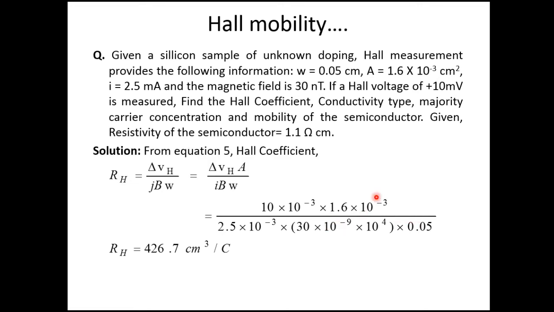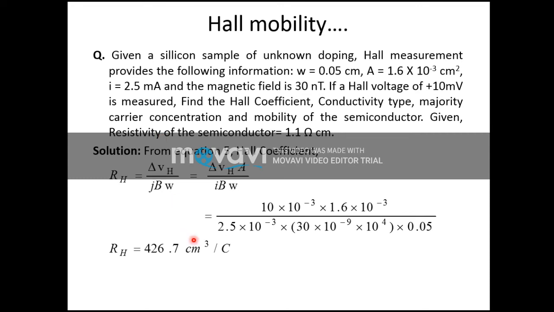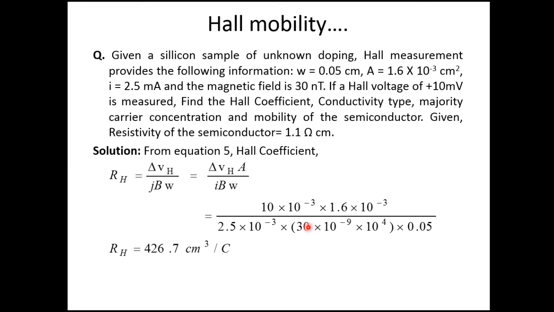So other things also we will take in terms of centimeter. Then we have milliampere. The current given is 2.5 milliampere. So we convert this into ampere: 2.5 into 10 power minus 3 ampere. Then the magnetic field given here is 30 nanotesla. So 30 nano means 10 power minus 9. So this is 30 into 10 power minus 9 Tesla.